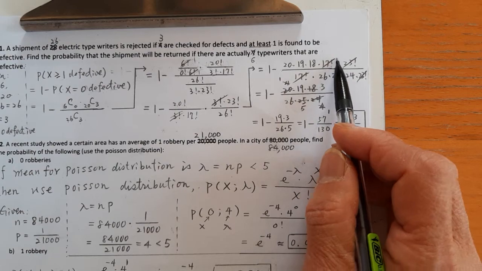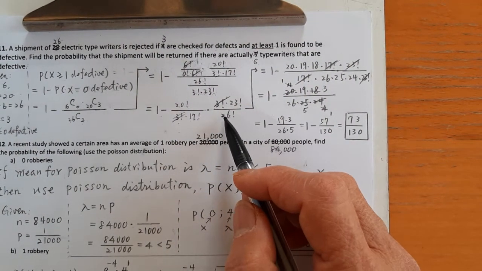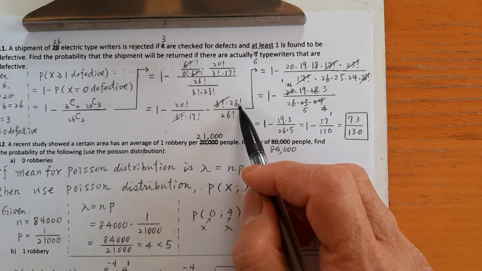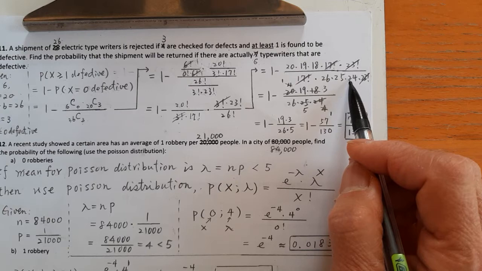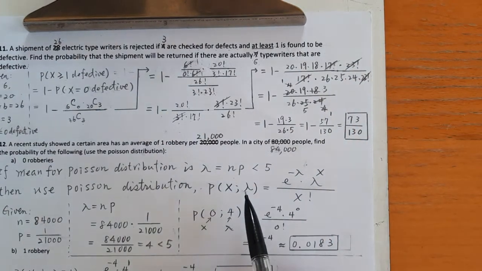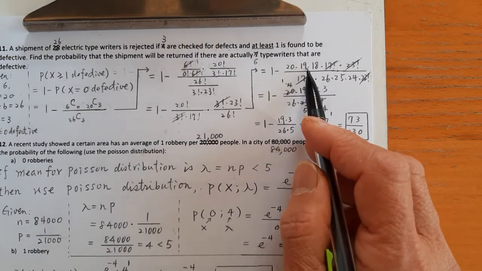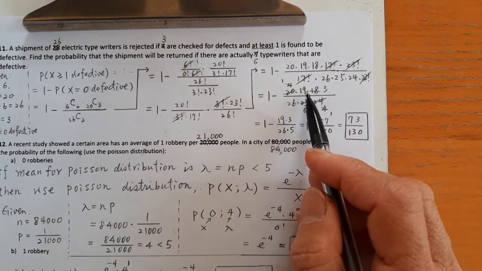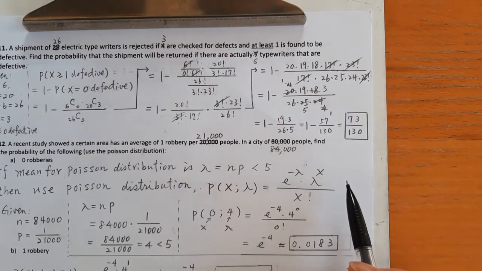With this 17 factorial, cancel each other. Then this denominator here has 23 factorial, so this 26 factorial you can put as 26 times 25 times 24 times 23 factorial. 23 factorial cancel each other. So then you remain 1 minus 20 times 19 times 18, denominator remain 26 times 25 times 24.